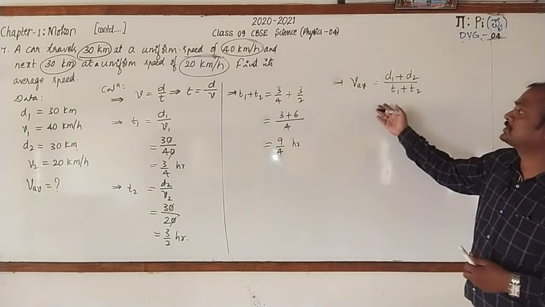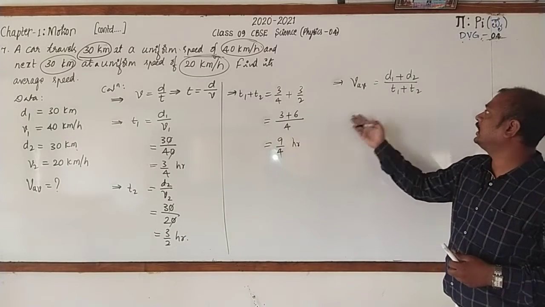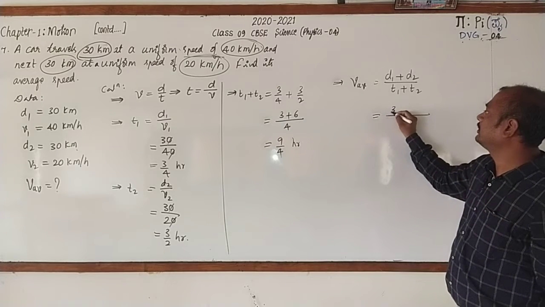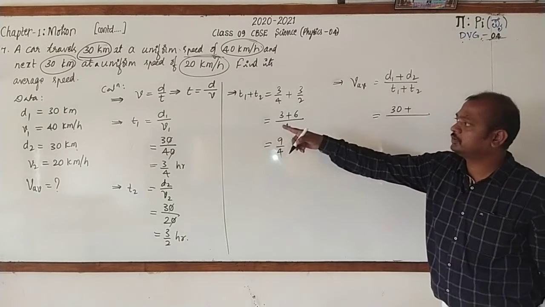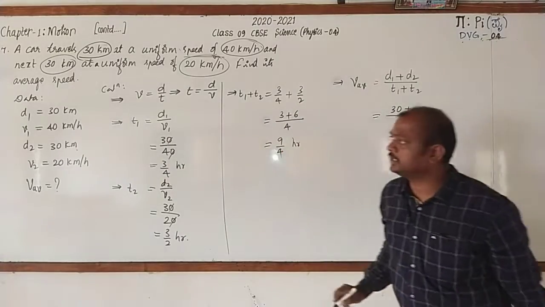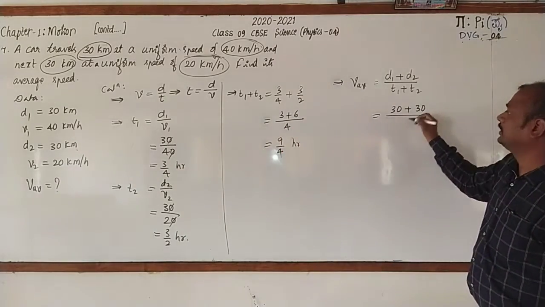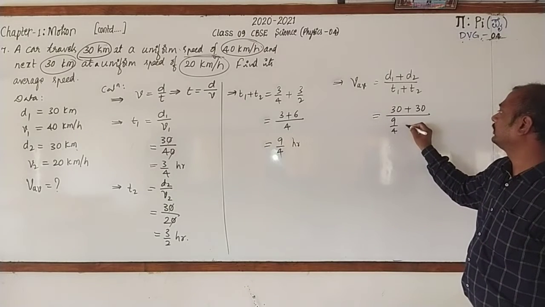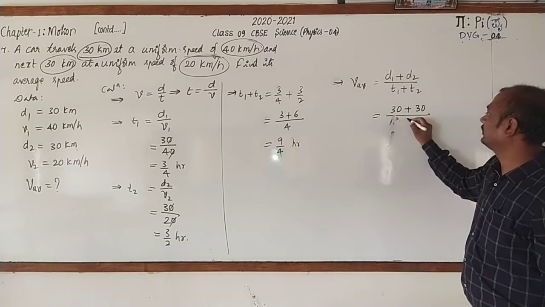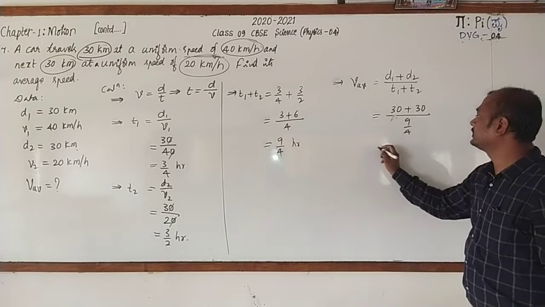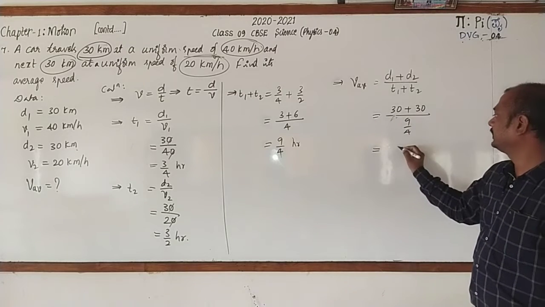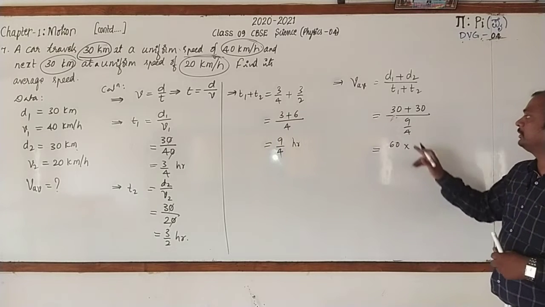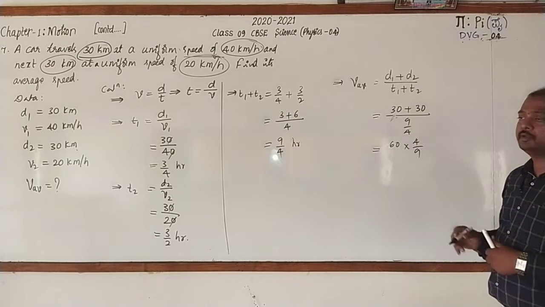Let us substitute D1 plus D2 and T1 plus T2 in this formula. What is D1? It is 30. D2 is also 30. T1 plus T2, we have just found, is 9 by 4. It is equal to, what is 30 plus 30? It is 60. Then take the reciprocal of the denominator. It will be 4 by 9.